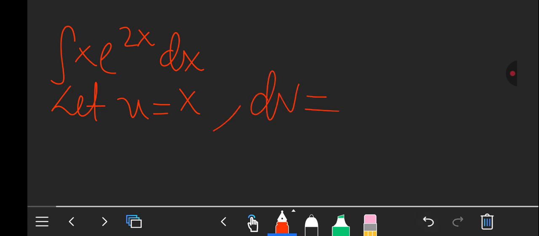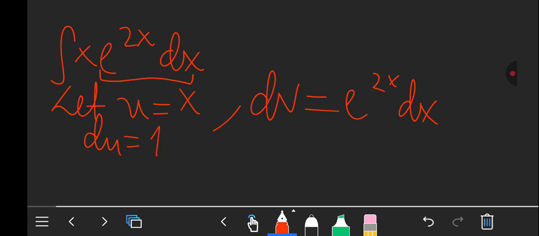Then our dv is what remains. So our dv is e to the power 2x dx. Then what is the derivative of u? The derivative of x is just 1, but we need to add dx. Then what is the integral of dv?